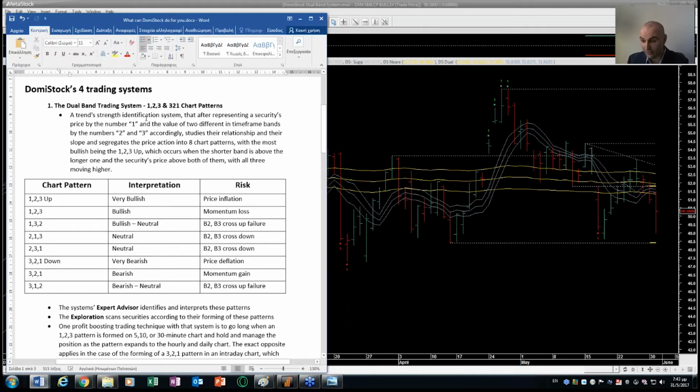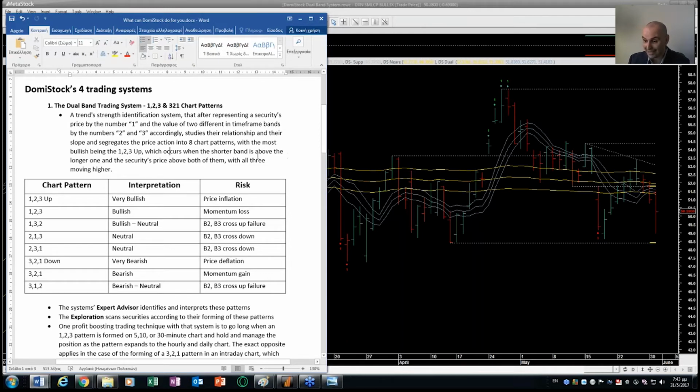After representing the price, it studies their relationship and their slope and divides the price action into 8 chart patterns, with the most bullish being the 1, 2, 3 up, which occurs when the shorter band is above. We're going to find an example. I'll show you how I entered the long trade yesterday, because I found that 1, 2, 3 up pattern.